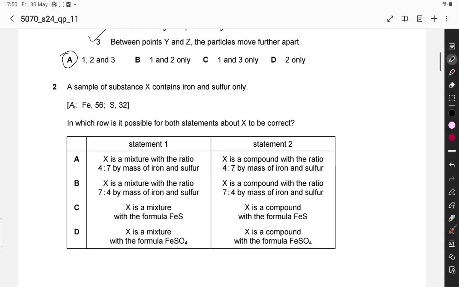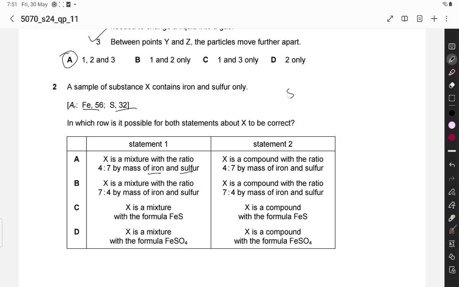A sample of substance X contains iron and sulfur only. In which row is it possible for both statements about X to be correct? Iron is 56 and sulfur is 32. X is a mixture with the ratio of 4 to 7 by mass of iron and sulfur.